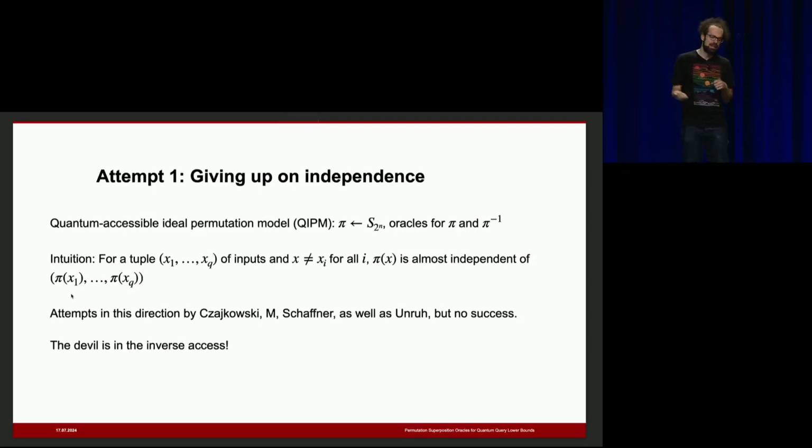There have been attempts in this direction, including by myself and co-authors, as well as by Unruh, but somehow the devil here is in the inverse access to the permutation, because in some sense, it is fairly natural to model this random permutation by a random function, but then it's not so clear how to answer inverse queries. And of course, one can try to come up with an ad hoc method, but it turned out to be hard to prove that that works.